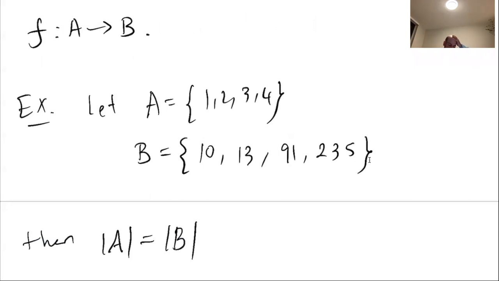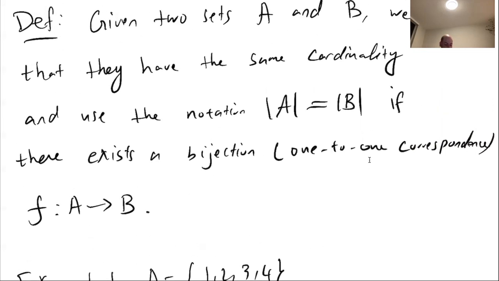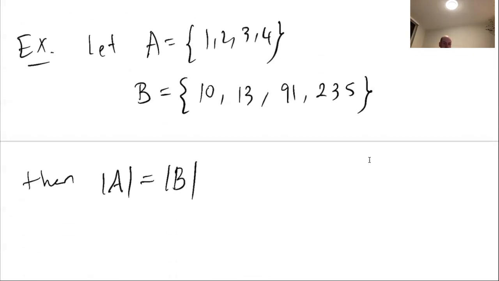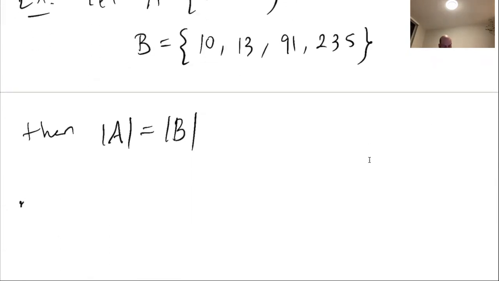But how would you justify it using the definition? Remember that in mathematics, even if something looks obvious, we still have to use the definition. The definition says two sets have the same cardinality if there exists a bijection from one set to the other. So to show these two sets have equal cardinality, you have to construct a bijection from one set to the other.